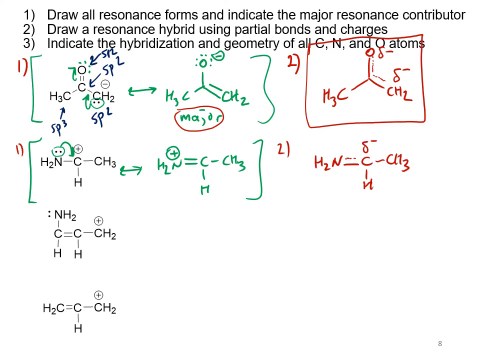So partial positive here and partial positive charge on nitrogen. And in terms of which contributor is major, it's actually going to be this one because it has a complete octet.